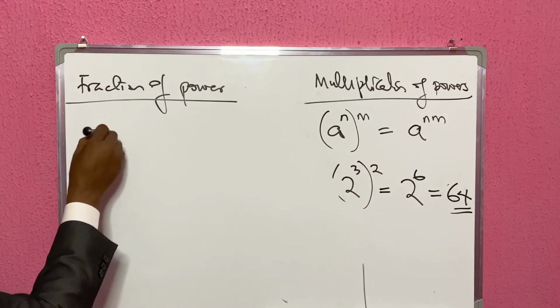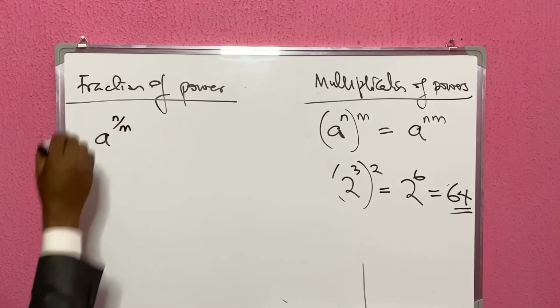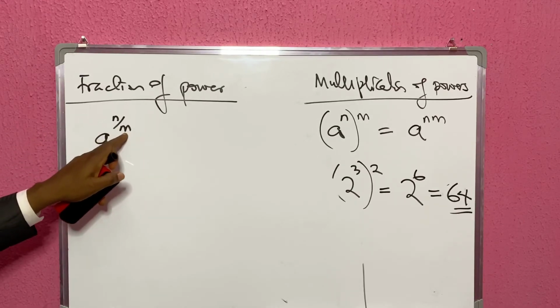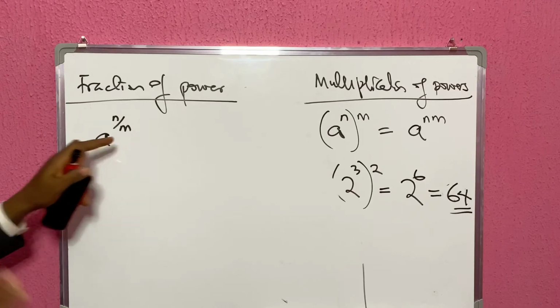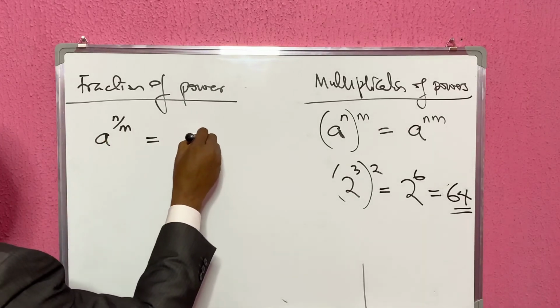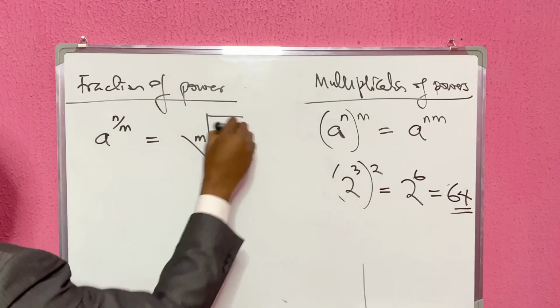Let's say we have a raised to the power m over n, where m and n are integers. You are going to have the nth root of a raised to m.